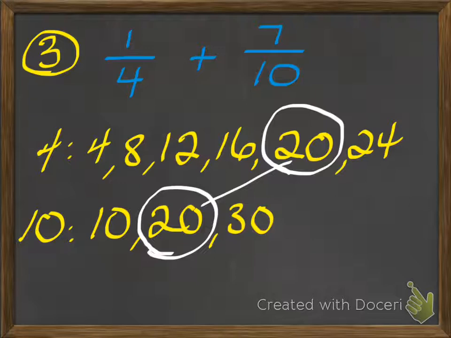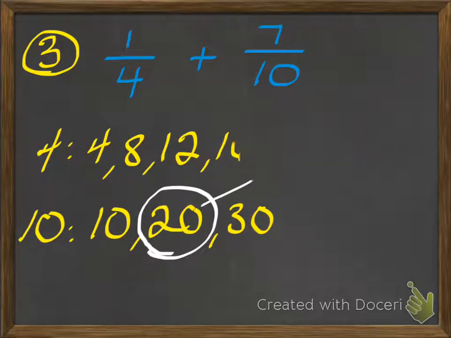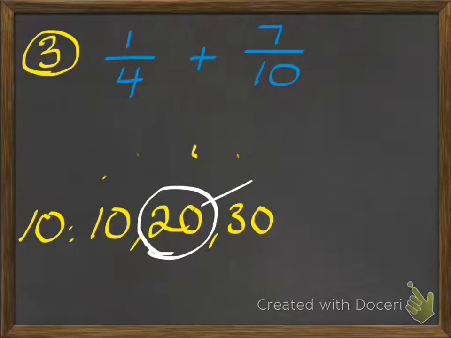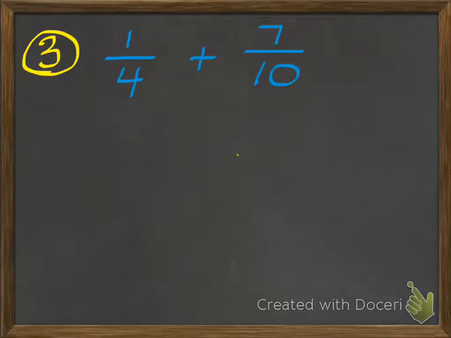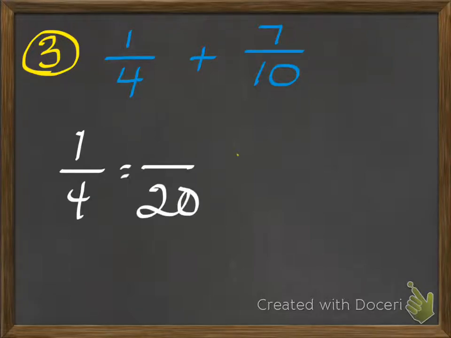Okay, now to do that, I'm going to go ahead and get rid of everything else so that I have some space. You don't need to erase yours. You can just rewrite it. Okay, so I'm going to change 1/4 to 20ths, and I'm going to change 7/10 to 20ths.